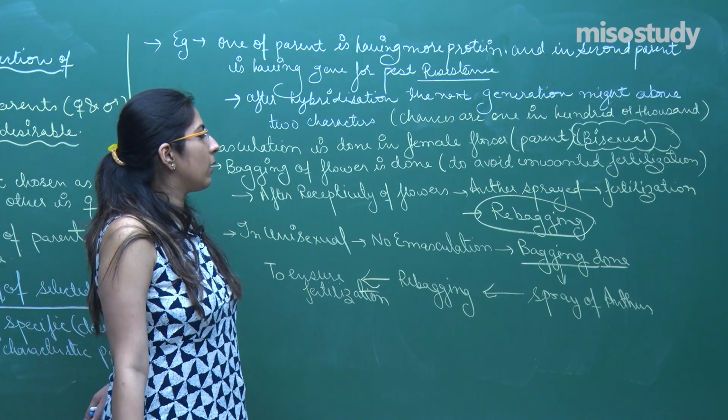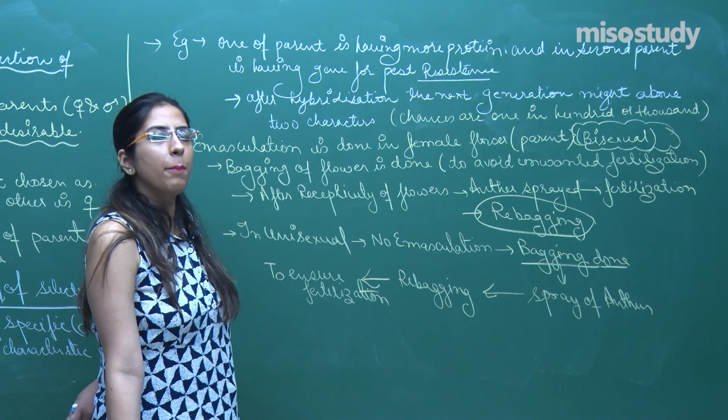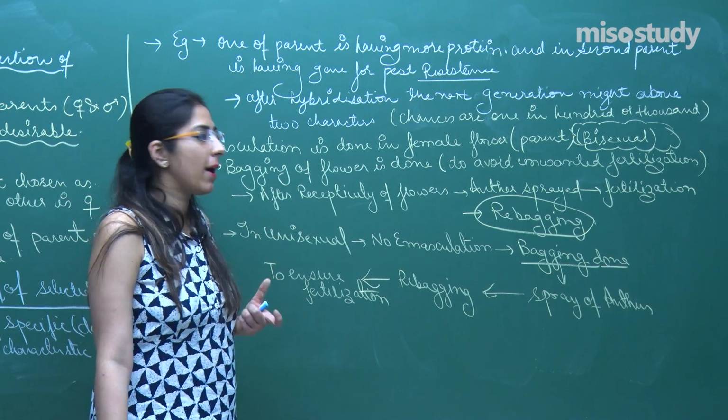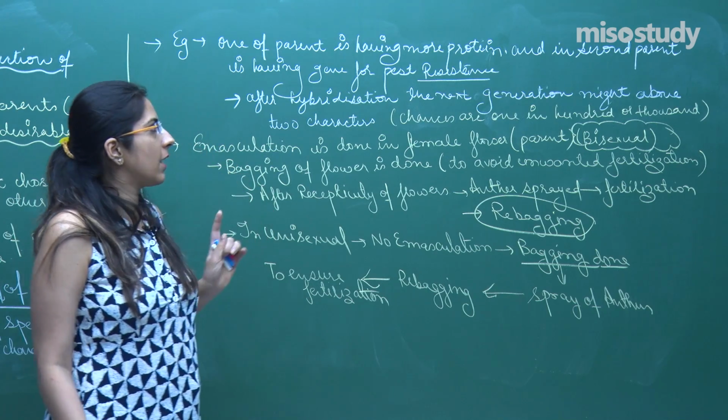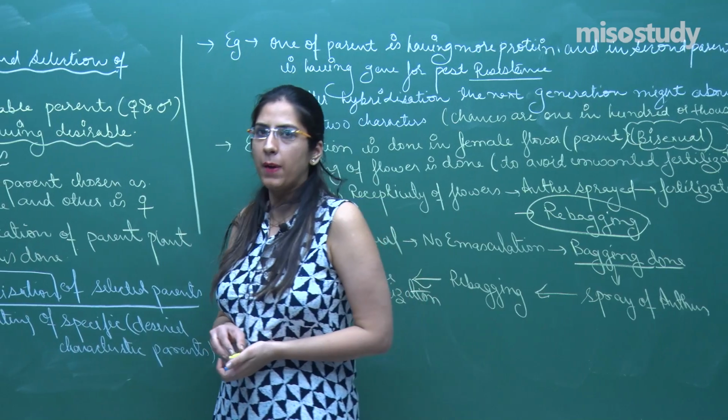So hope you are clear why bagging is done and why rebagging is done. So this was the second point which states the hybridization of the selected parents.